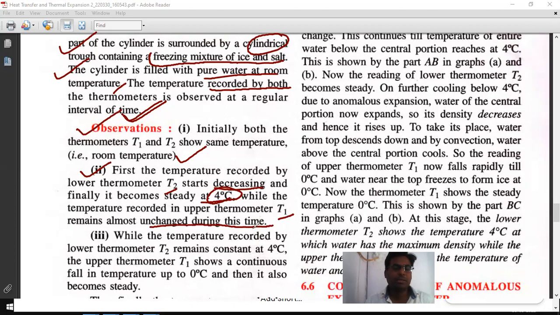While the lower thermometer remains constant at 4 degrees Celsius, the upper one shows a continuous fall in temperature up to 0 degrees Celsius. Then it also becomes steady. So initially they show the same temperature, but as a temperature difference is created, they show different readings, right?